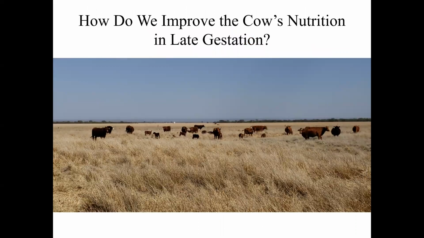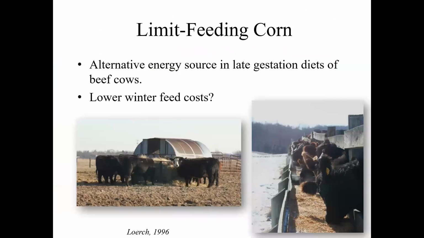So let's look at some ways that have been tried to improve the cow's nutrition during late gestation. One study was done over 20 years ago now, but in many parts of the country where we grow corn, corn is a relatively available and cheap source of energy supplementation.